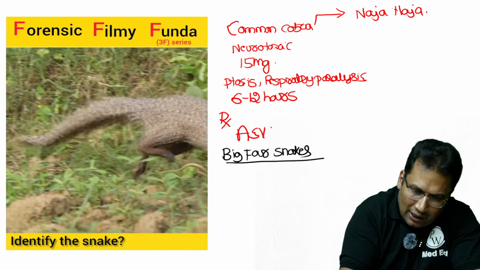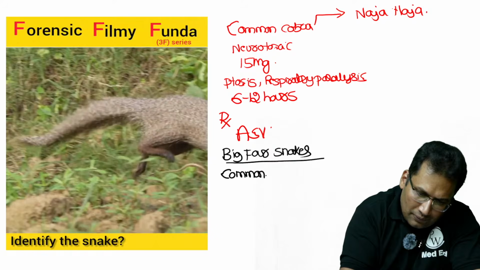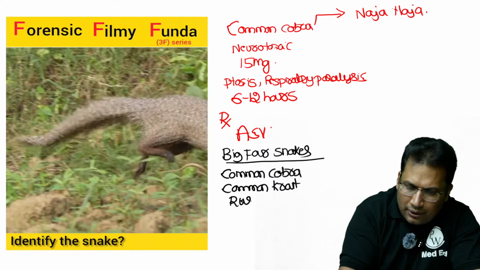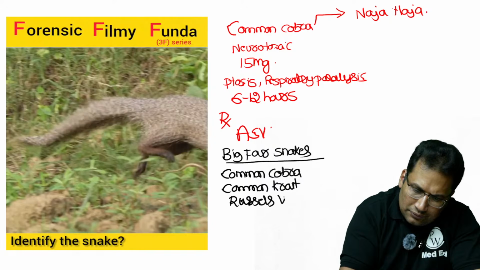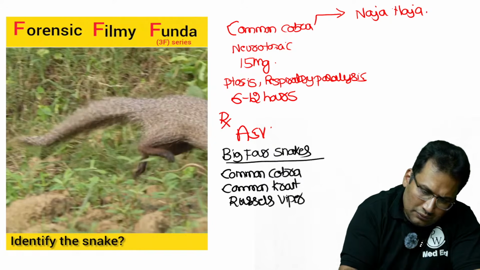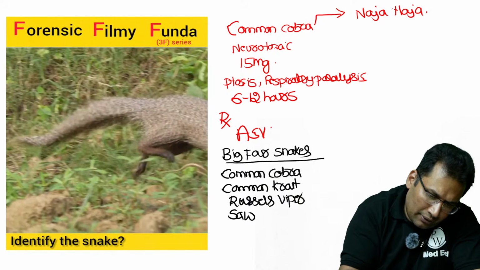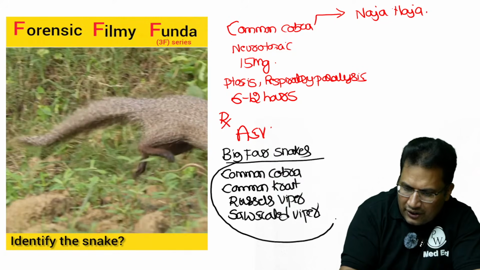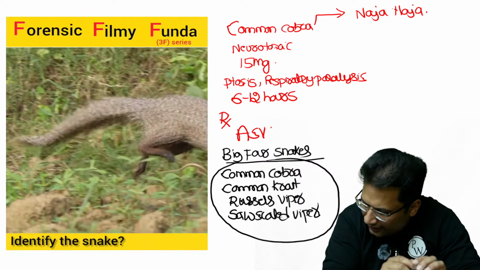Big four, we have one is common cobra, common krait, Russell's viper, saw-scaled viper. So this is entrance question, very commonly asked.